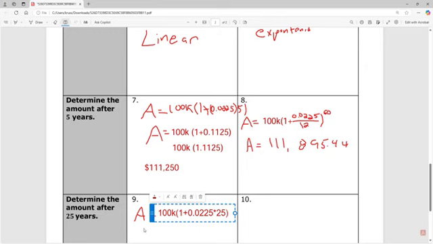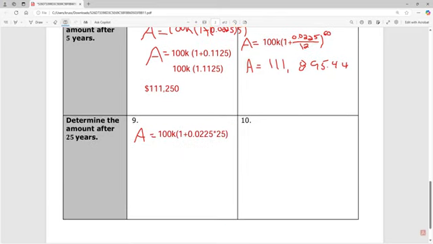Okay, so if I plug and chug that with the right order of operations, I'm going to get $156,250. So in 25 years, that money made $56,250. Right? So that's not bad. It's for doing nothing. Okay. But you still have to consider inflation and stuff. But that's an economics class, not a math class.